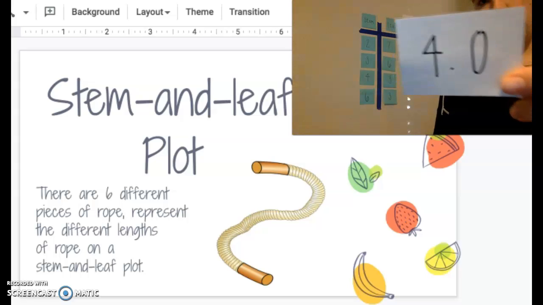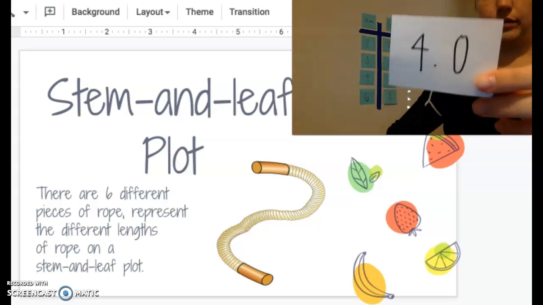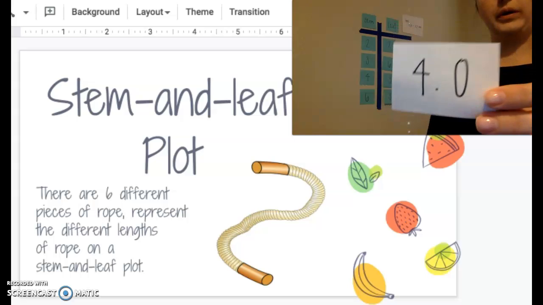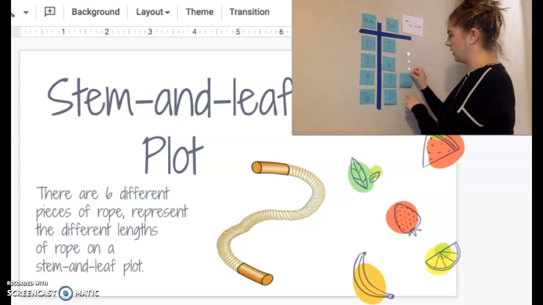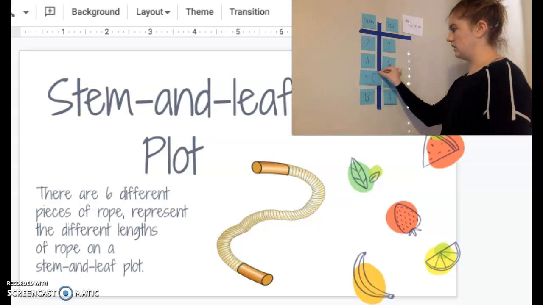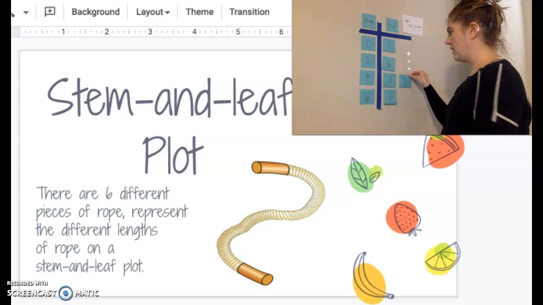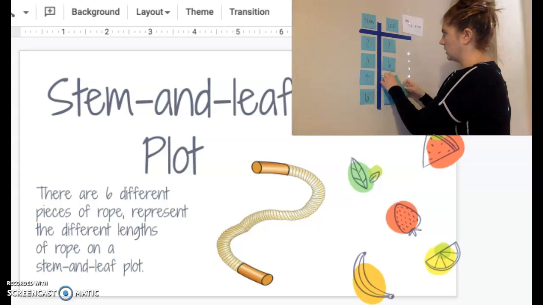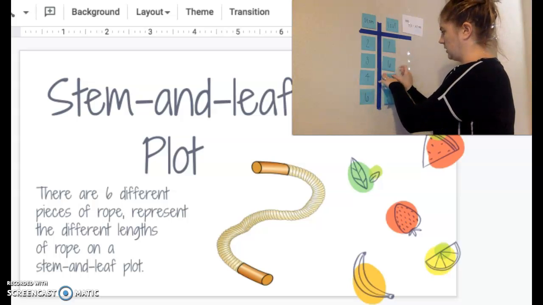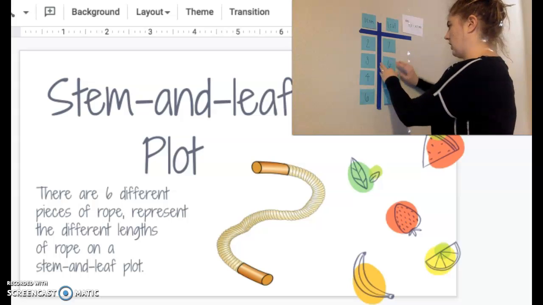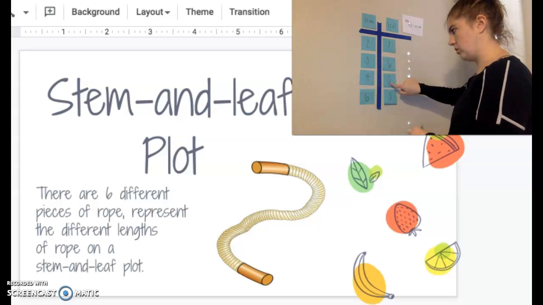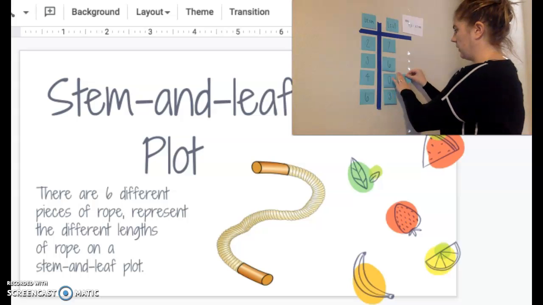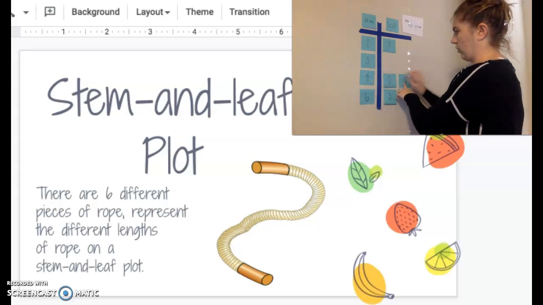Next, we have a rope that was 4 feet long, 4.0. That 0 is going to be placed in the same section with the 3, but we're going to put it closer to the decimal so that we place our leaves in ascending order. So we have 4.0 feet, and then we're going to have 4.3 feet.